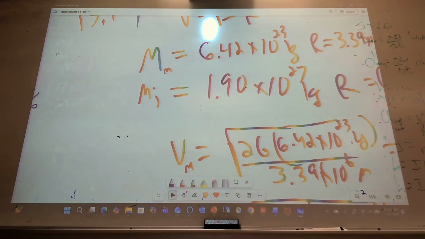When you finish, just go on to 19. Okay, so the whole thing is under the square root sign.